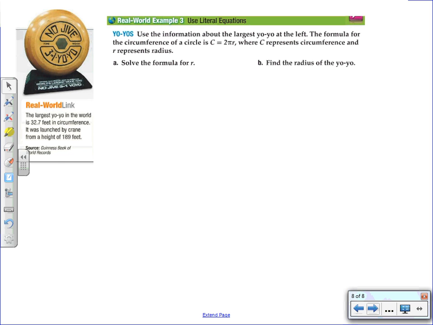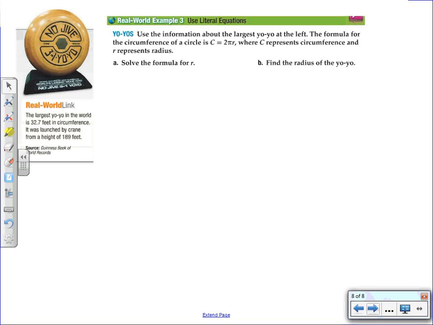Okay, and finally, let's apply this to solving for a variable in a formula, in a real world problem. So we know we have the information over here about the yo-yo. The largest yo-yo in the world is 32.7 feet in circumference. It was launched by a crane from a height of 189 feet.